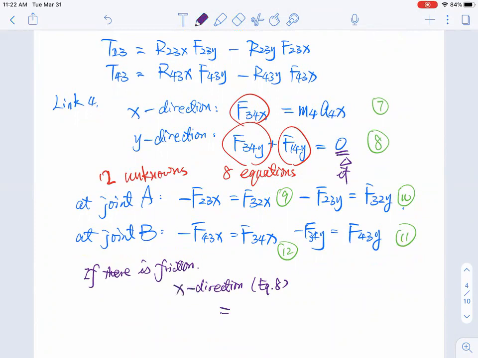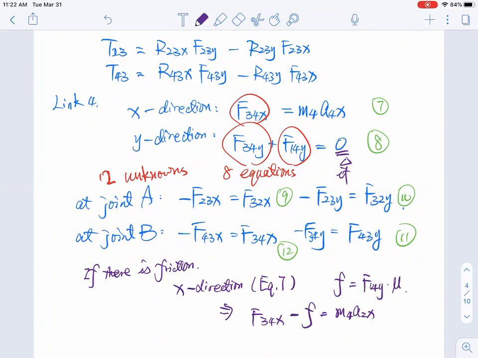Your x direction equation number 7 should become F3x plus the friction equal to M A2x. Or I should use negative to consider the direction of the friction. And then your friction is F1y times mu.